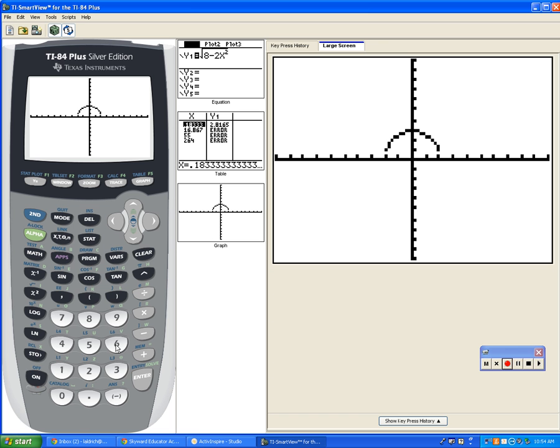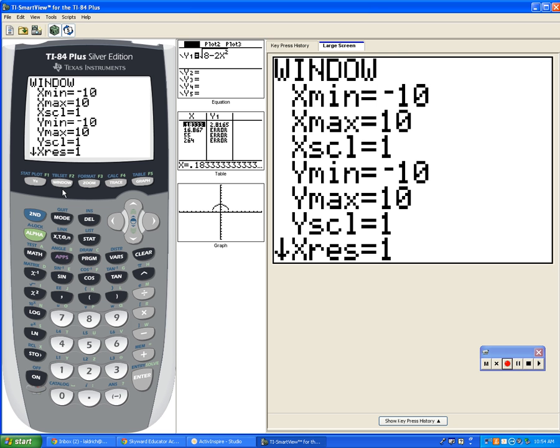You might look at this and say, okay, it looks like my domain is about from -2 to 2 of the x's, so I don't really need all this other junk here. The y's, there's no negatives, and then that goes up around 3. So if you really want a good look, you might change the x minimum to -3 and the x maximum to 3.